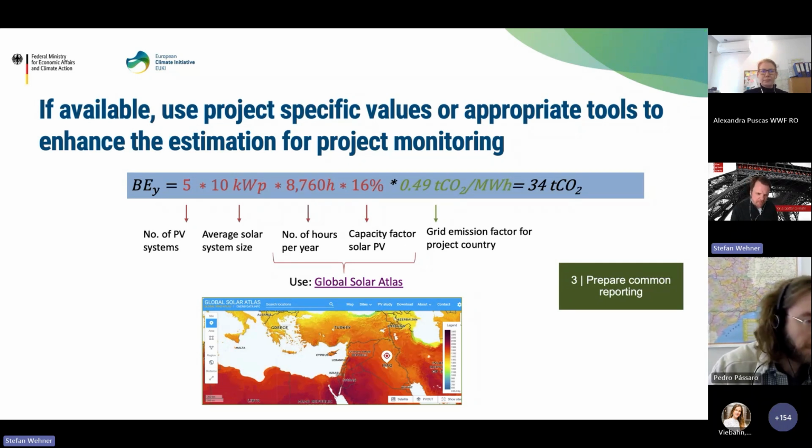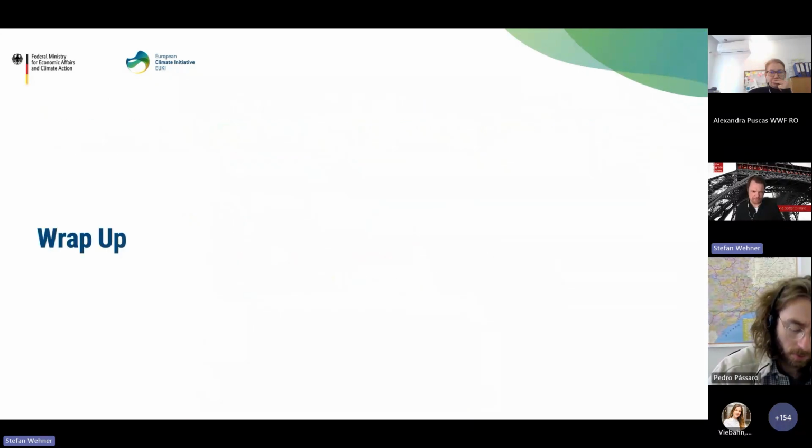So those are helpful tools that you can use. They exist also for other technologies, like wind farms and wind potential, but also for other parameters and default values. Sources exist. In particular, again, I refer to the CDM or the IPCC, the Intergovernmental Panel on Climate Change, which have a lot of material and default values to estimate your overall impacts in a conservative manner.